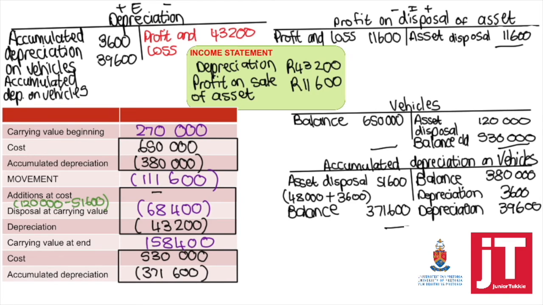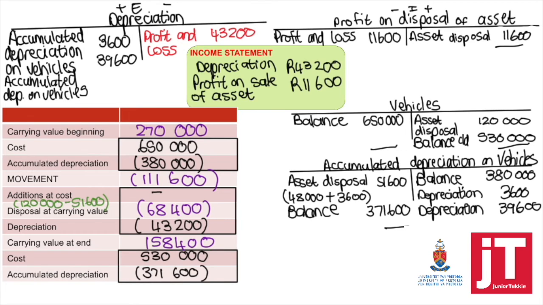And now we can work out the carrying value, cost minus accumulated. My total movement, minus 68,400 minus 43,200, equals my movement. If I take the carrying value in the beginning minus the movement, it should equal the carrying value.